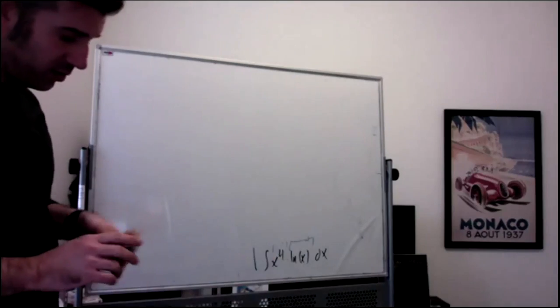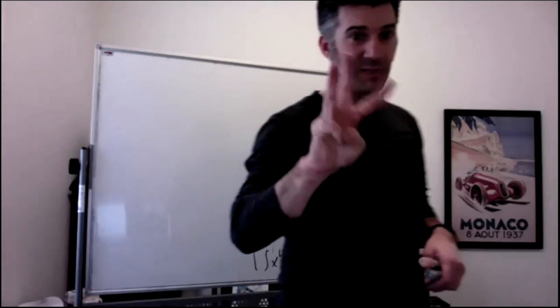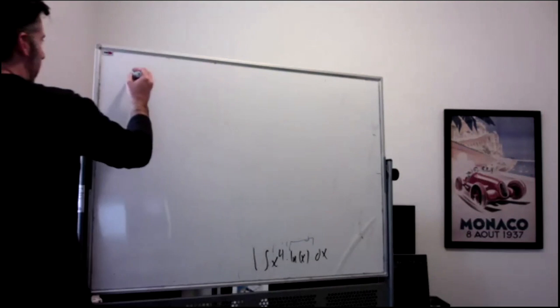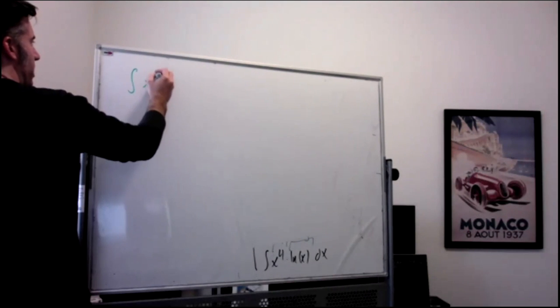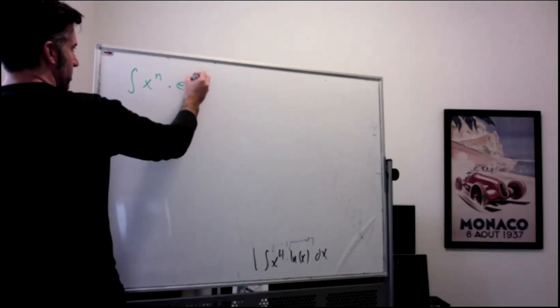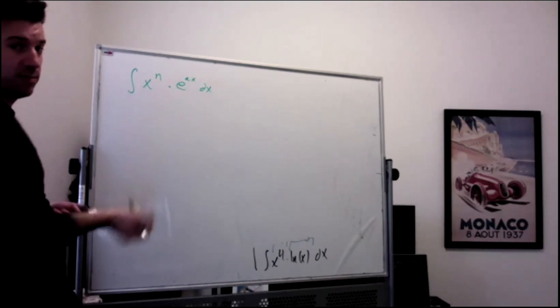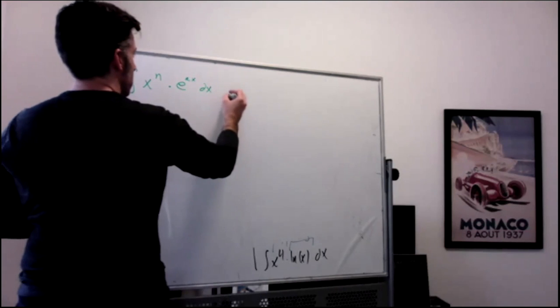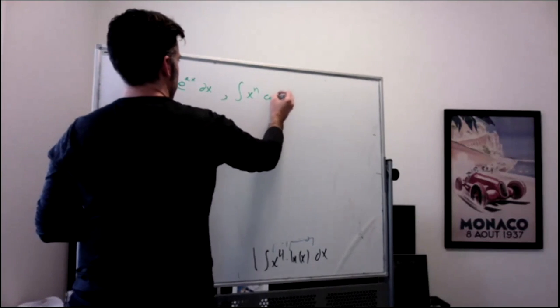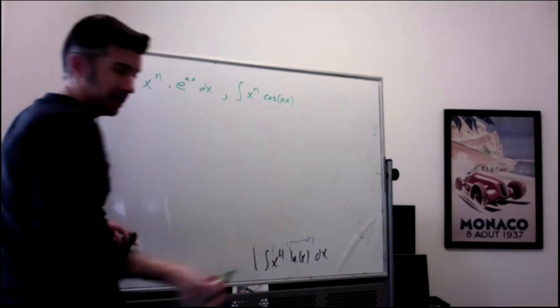This method only works for the following 3 specific types of integration by parts problems. You have the integral of x to the n times e to the something times x, where n is a positive integer. You have the integral of x to the n times cosine of something times x. Again, n is a positive integer.